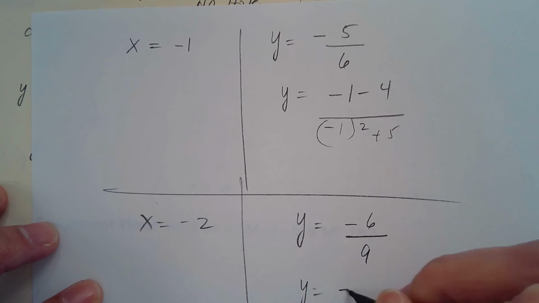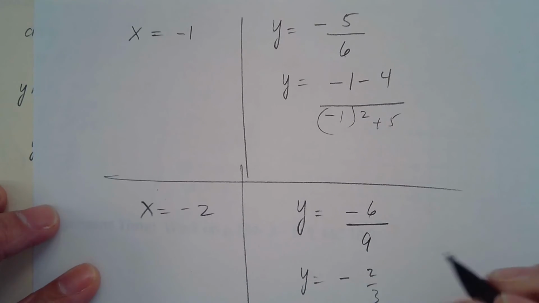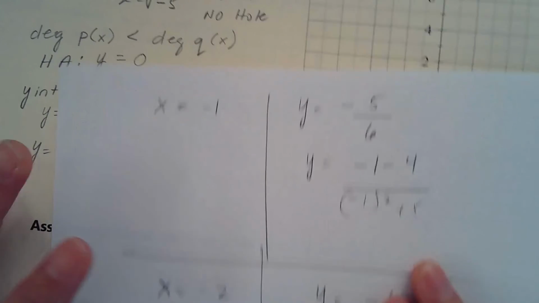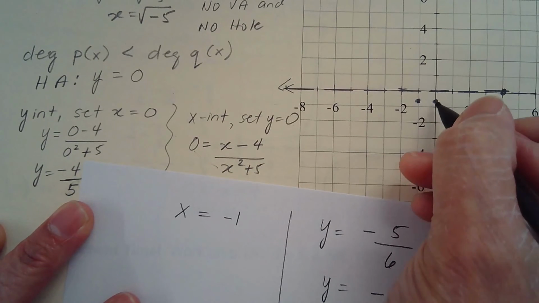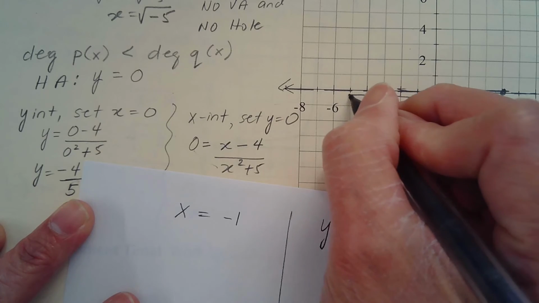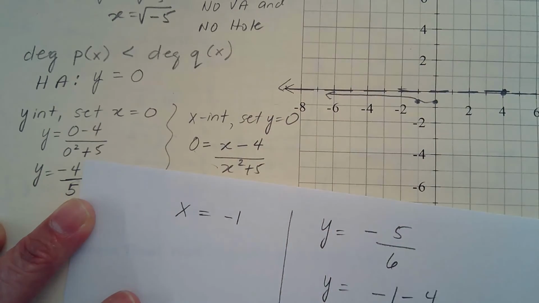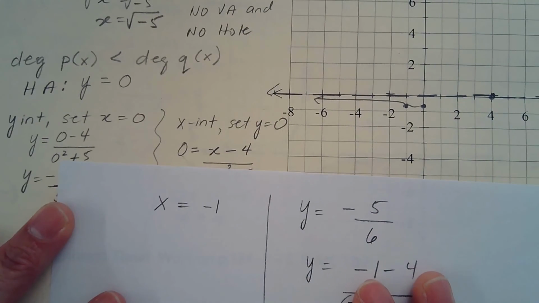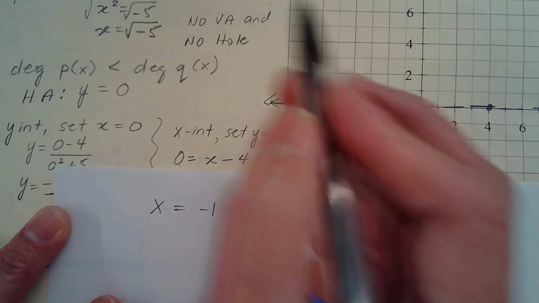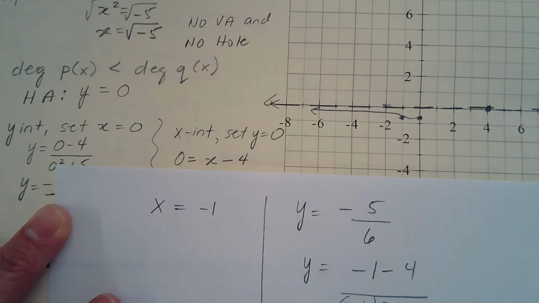Okay, equals -2/3. It's going to be -0.6 repeating, right? It's going to get closer and closer to the asymptote that way, because the denominator gets bigger and bigger.